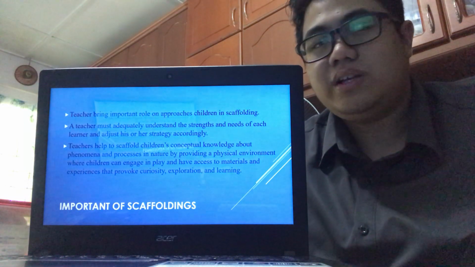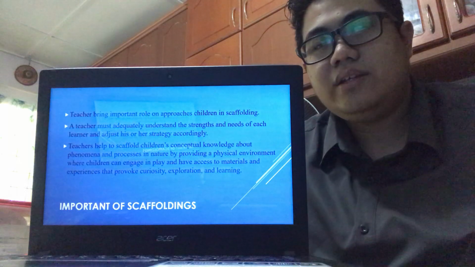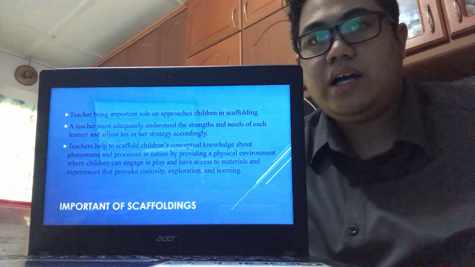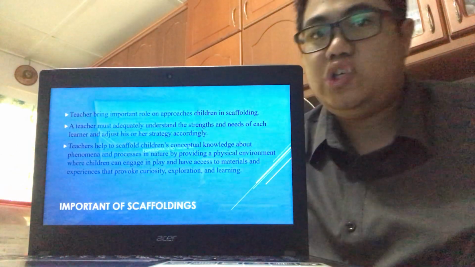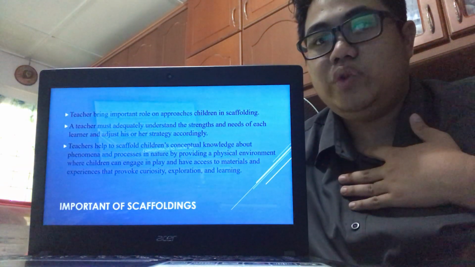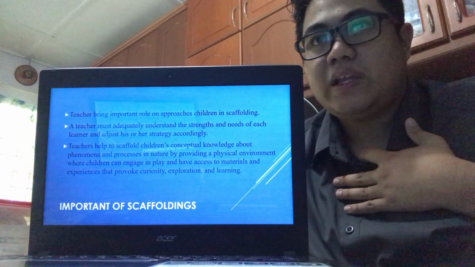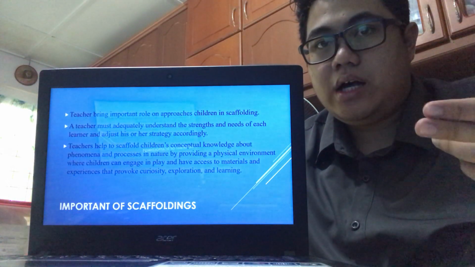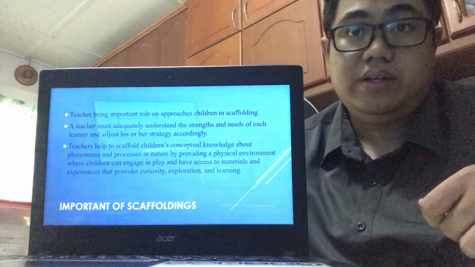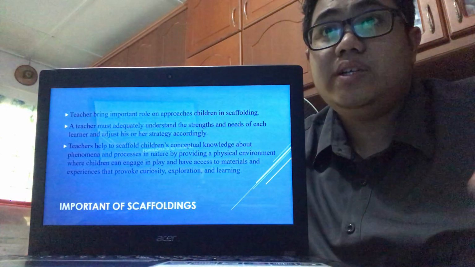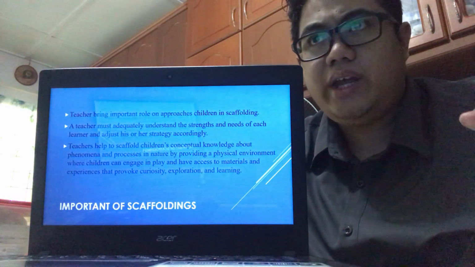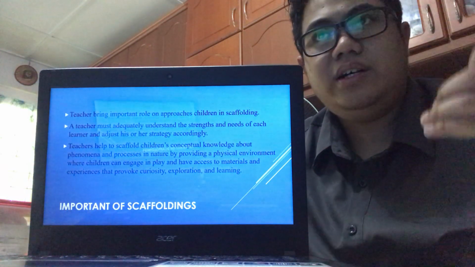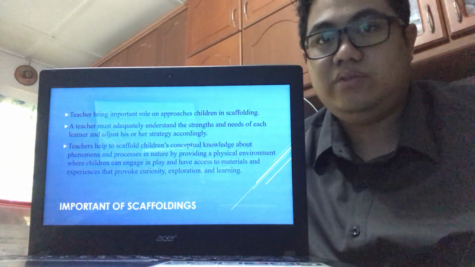During scaffolding, teachers usually do a question and answer section to get them to answer according to their understanding level on that day. The teacher must adequately understand the strengths and needs of each learner and adjust his or her strategy accordingly. So it depends on the children themselves.